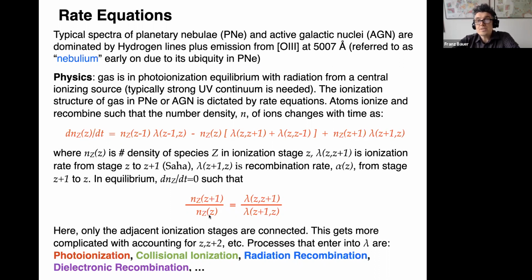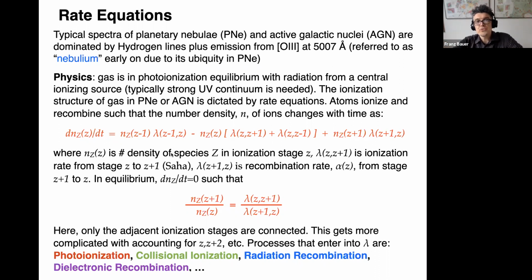You can, of course, have situations where you're not in ionization equilibrium, right? And then that's a more complicated process because you're going to have changes over time as the entire physical ionization structure changes.